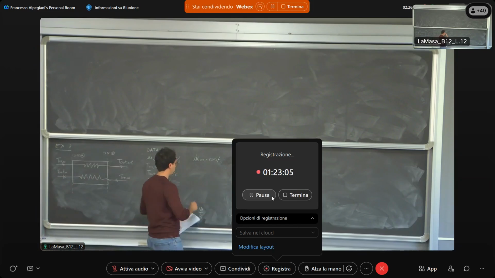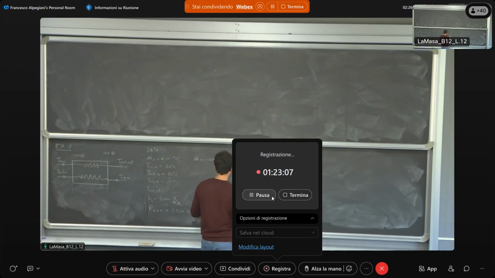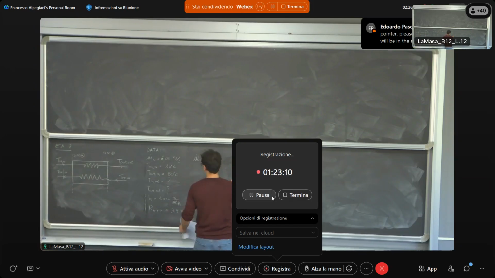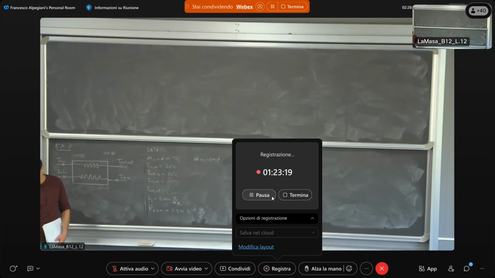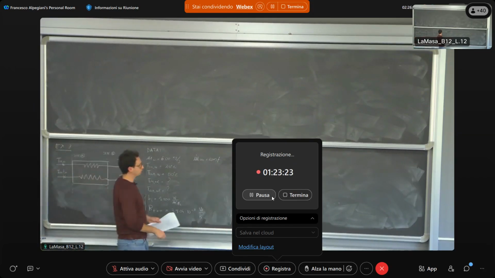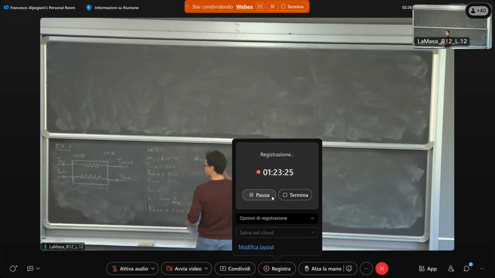Moreover, it's given a relation that links together the effectiveness of the heat exchanger with the NTU and the CR. The equation could be given as an equation as in this case, or could be given also with some graphs.